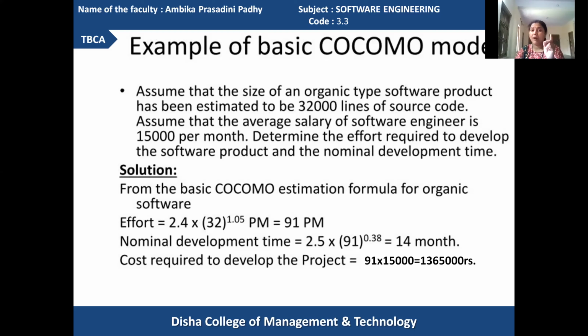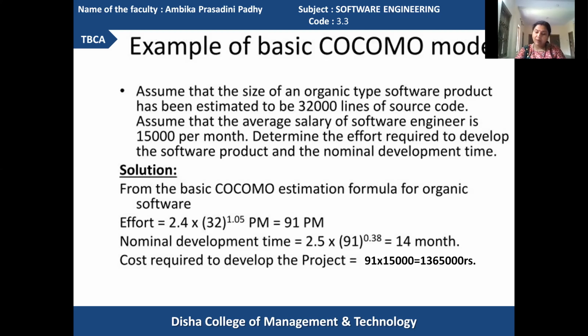To identify the effort of organic type software, you have to use the formula A1 into KLOC to the power A2 PM, persons per month. The value of A1 is 2.4 and A2 is 1.05 according to organic. The effort expression is 2.4 multiplied with 32 to the power 1.05 persons per month.